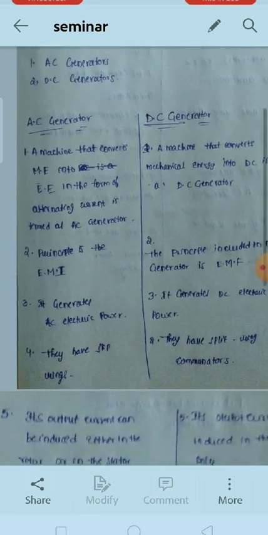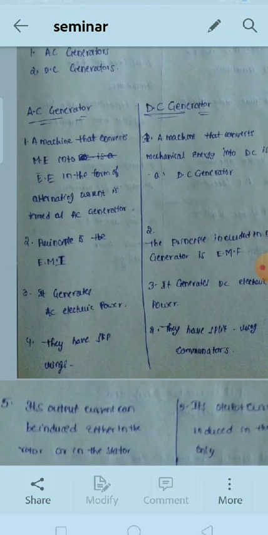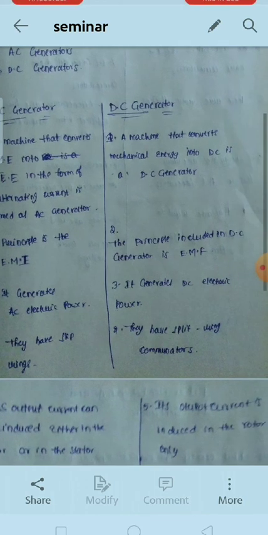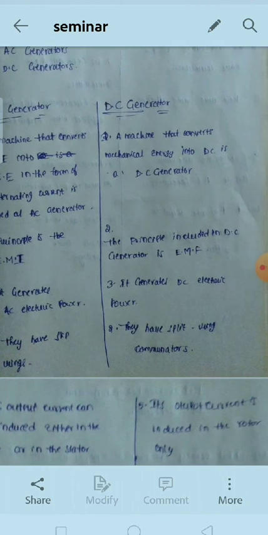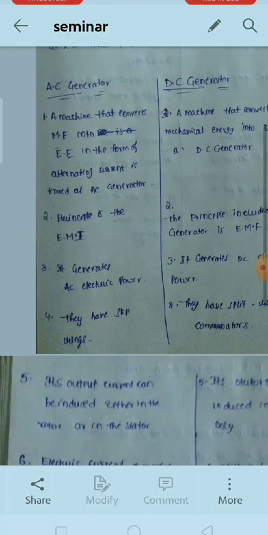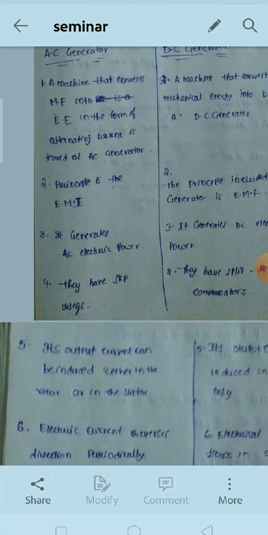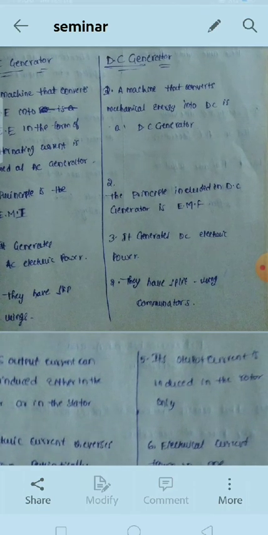The principle behind the working of the AC generator is electromagnetic induction. The principle behind the DC generator is electromotive force. The output of the AC generator is AC electric power, whereas the output of the DC generator is DC electric power.